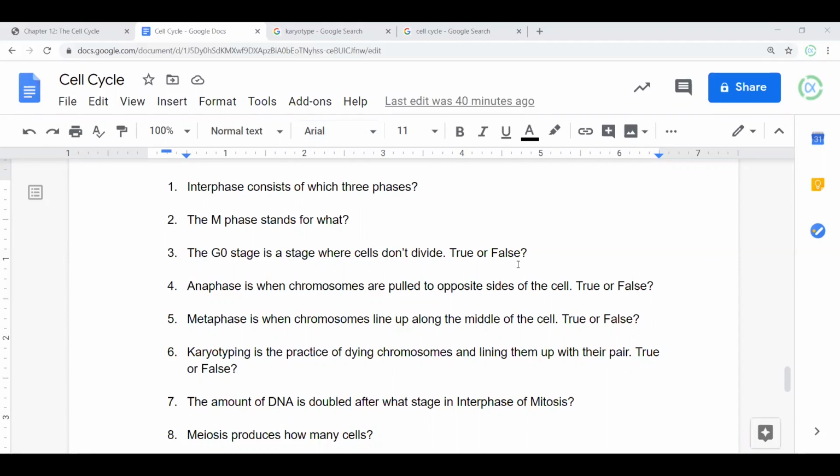I'll take both. I was thinking more mitosis for this question, but metaphase works completely fine. Remember that mitosis is made up of prophase, metaphase, anaphase, and telophase. So question 3, G0 stage is a stage where cells don't divide. True or false?